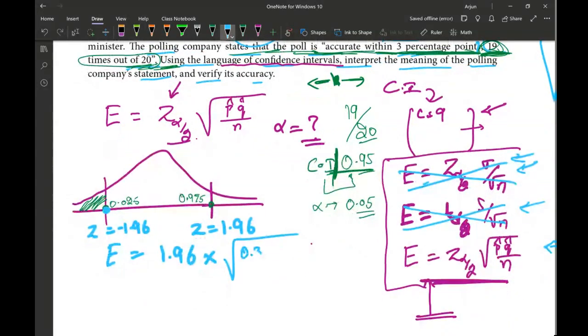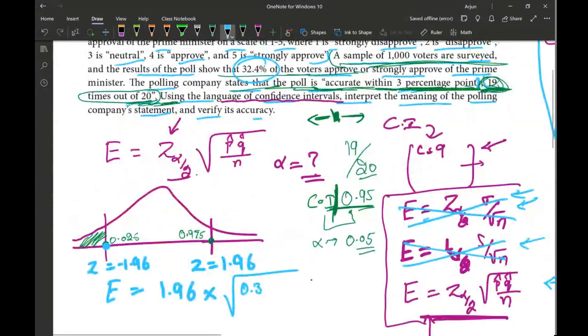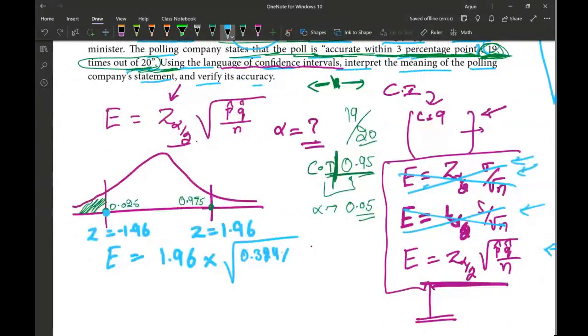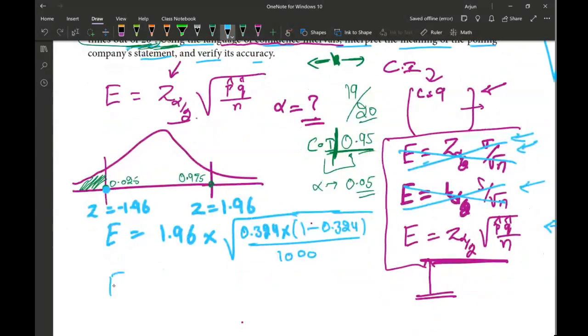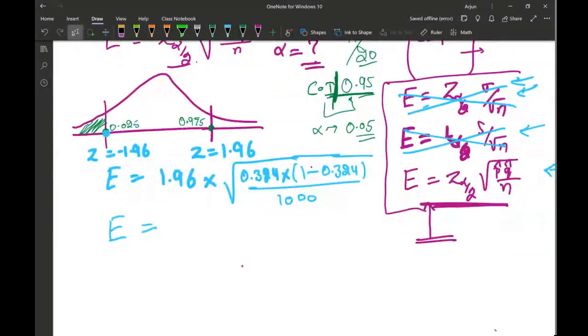So 0.324 and multiply by Q value, which is 1 minus P, 1 minus 0.324, and then divided by 1000. So once you do the calculation for this question, you're going to get the value as 0.0290. That is the value we've got.